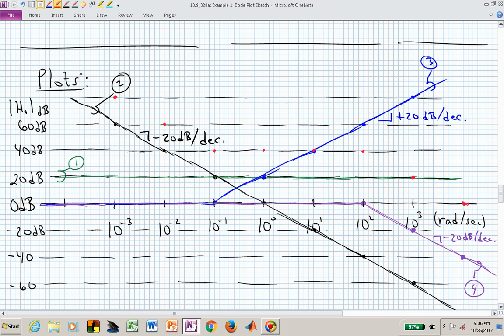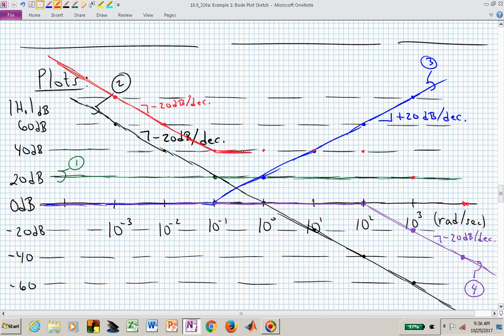We don't go flat, we're always sloping for low frequencies. That just keeps sloping. So we're minus 20 dB per decade because of the pole at the origin.